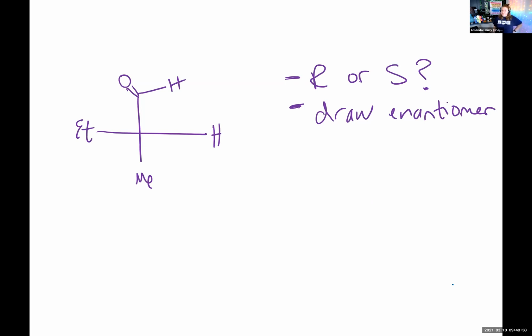So 1 chiral center, it has that aldehyde group attached at the top, a hydrogen, a methyl, and an ethyl. To figure out if it's R or S, our first thing is we need to rank these based off of their atomic numbers. So which of those groups is going to have the highest ranking? The aldehyde, hydrogen, ethyl, or methyl? Who's going to be number 1?